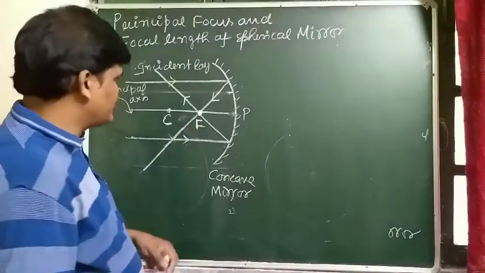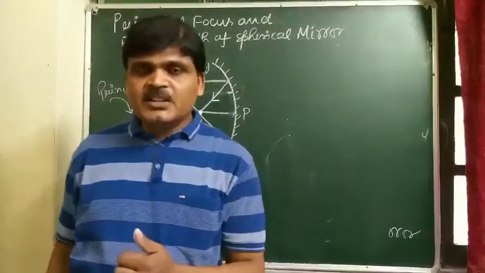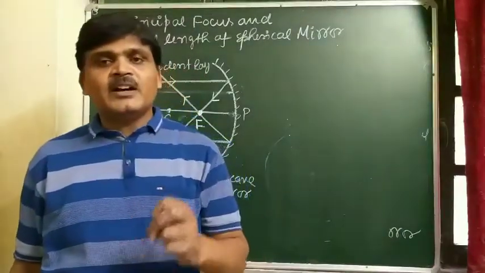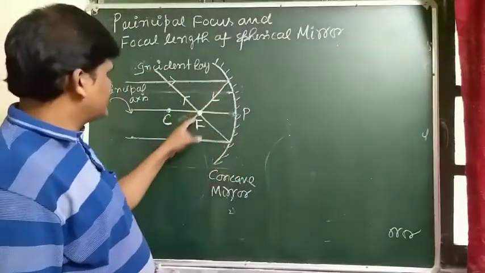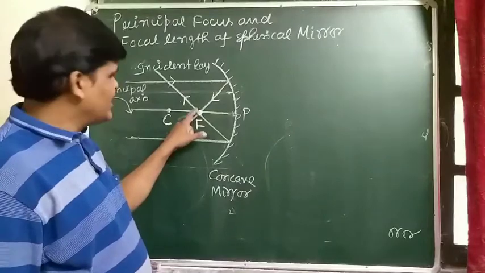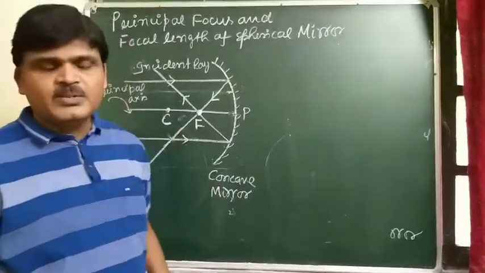Already I have explained to you what a real image is. When two rays of light after reflection actually intersect at a point, then a real image is formed.